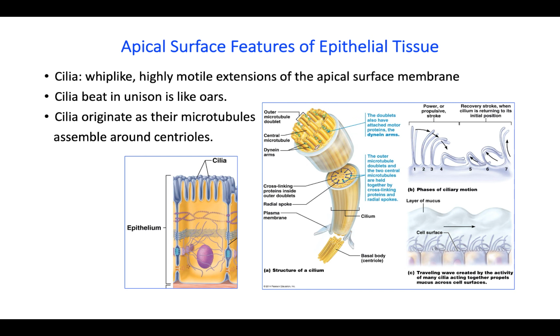If you look at the structure inside the cilia, it is composed of microtubules. At the center, you can see two microtubules, surrounded by about 9 pairs of microtubules outside.